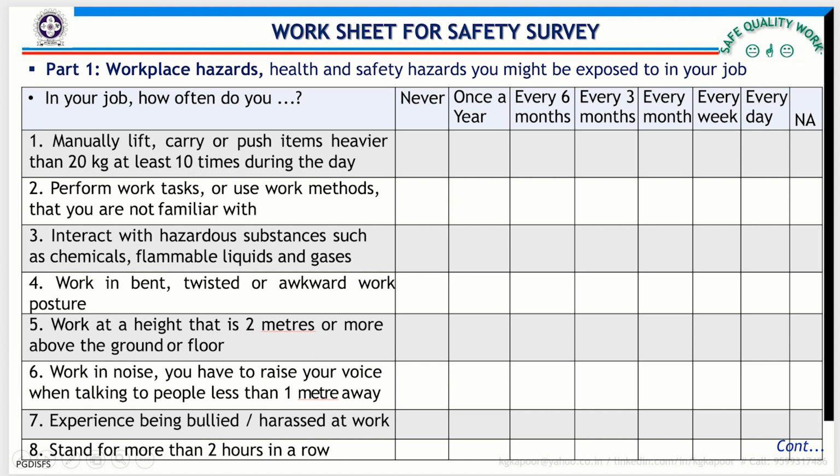Similarly, there may be a question: in your job, how often do you perform work tasks or use methods that you are not familiar with? You will answer never, once a year, every 6 months, every 3 months, every month, every week, every day, not applicable. So like this you tick mark the correct answer.